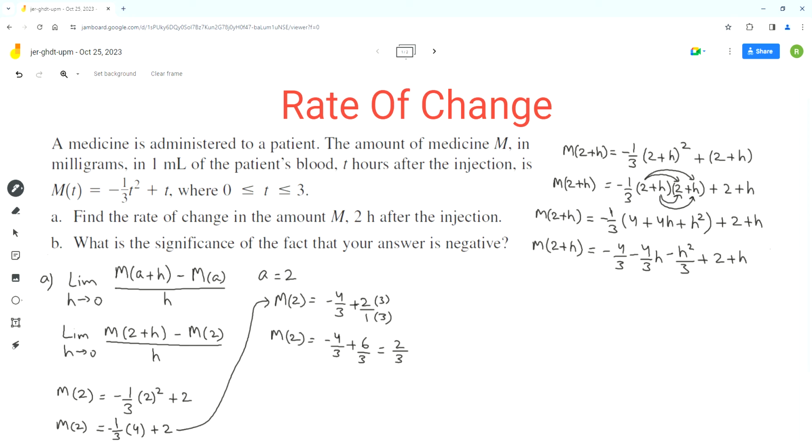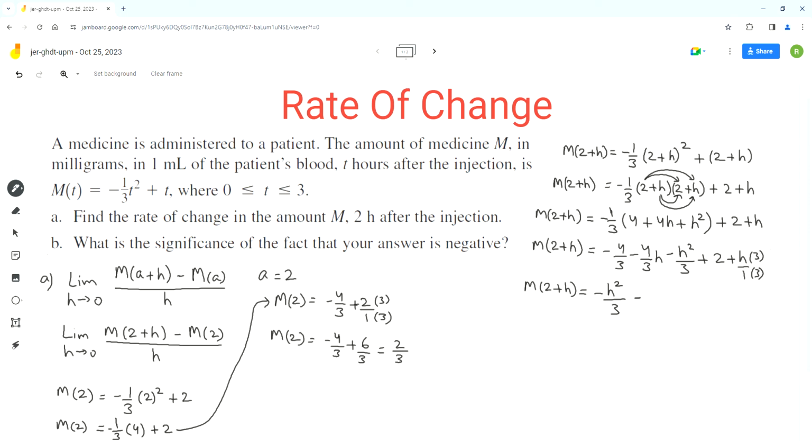Now we can reorder the terms. We can start with the h squared, so we get negative h squared over 3. Now we have to combine negative 4 over 3 h plus h. For that, we'll have to find a common denominator. The denominator of h is 1, so we'll multiply the numerator and the denominator by 3, so we'll get 3h over 3.